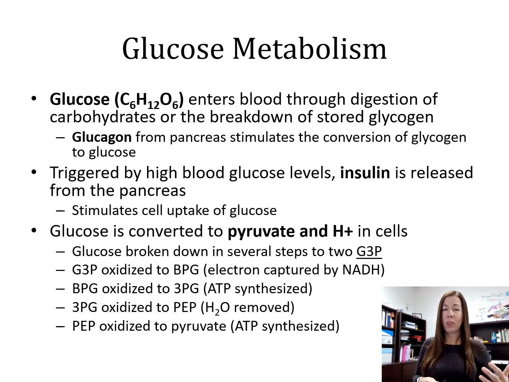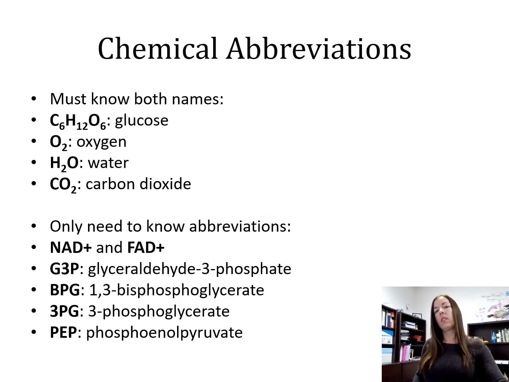We convert that glucose into 2 pyruvate molecules, and we basically break that glucose down. Some of the important chemical abbreviations that we talk about, like glucose, oxygen, water, carbon dioxide, you need to know the abbreviations and the names. And there are other abbreviations that you don't have to memorize, similar to what we saw in photosynthesis.